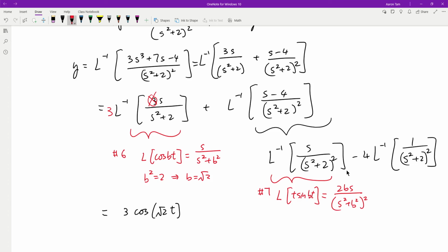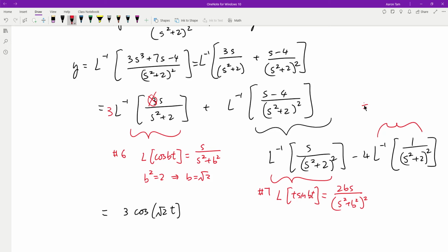Okay. And now what do we do with the second part of it? Well, the second part means I have to look for the top that doesn't have any s. So it seems to me that the only one that has s squared plus something squared on the bottom but doesn't have an s on top is rule number 9. So I'm going to put that rule on top.